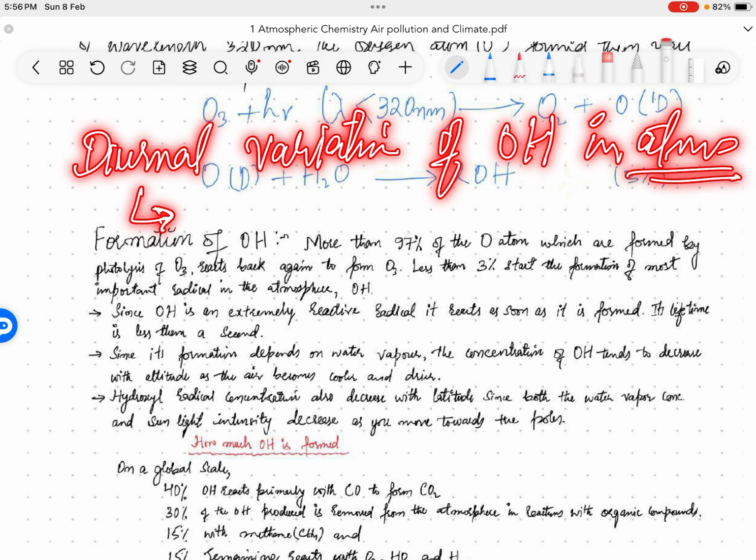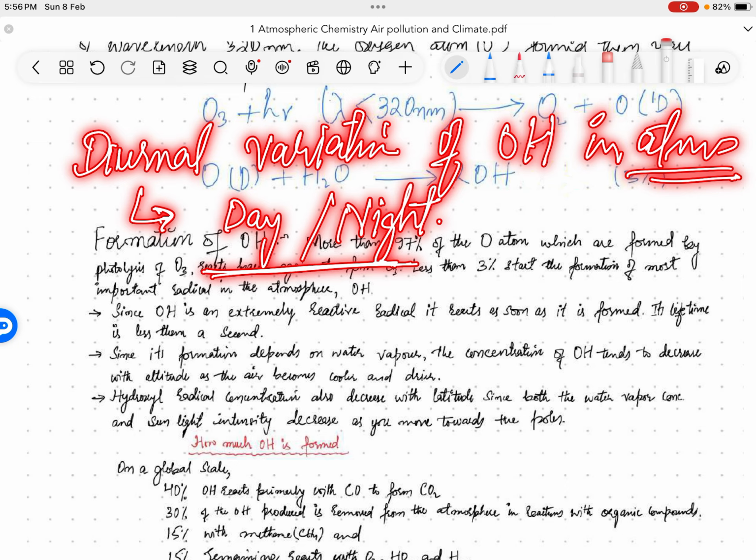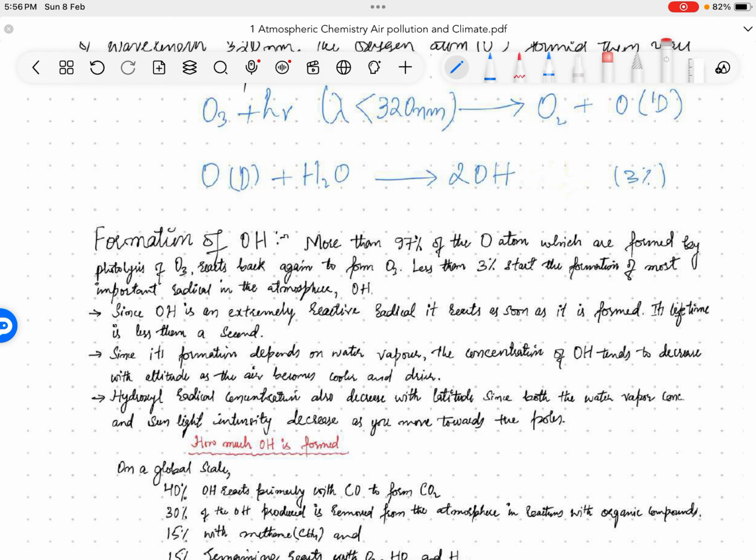That means day and night variation. मतलब कि पूरे दिन में किस टाइम पे OH रेडिकल्स की कंसंट्रेशन ज़्यादा होगी और किस टाइम पे कम होगी. So this is the diurnal variation of OH radical in the atmosphere. What is the trend of diurnal variation of OH radical in the atmosphere? It will be in this form.